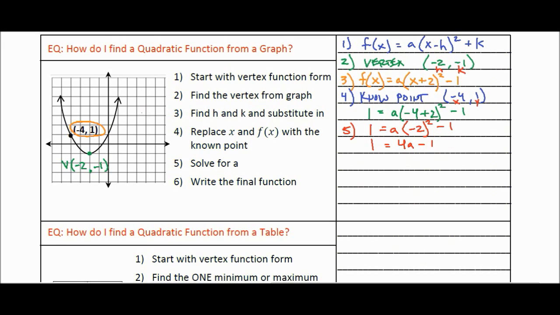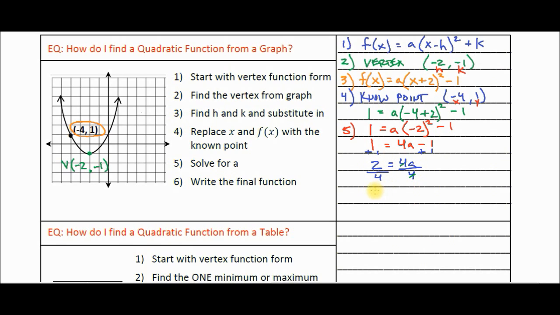Now we can go ahead and subtract or add 1 to both sides. Remember, we're going to move that 1 over. So we're going to add 1 to both sides. And we're going to end up with 2 is equal to 4a. And now we're going to divide both sides by 4. And we're going to end up with, let's write this in green, the 4's cancel.